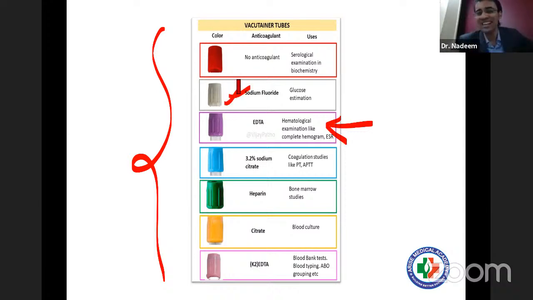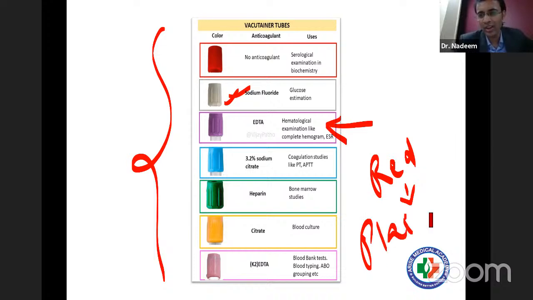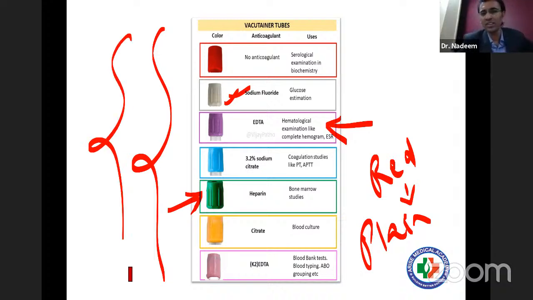Red is called a plain tube, meaning no anticoagulant is added, because we have to separate the serum. After collection of blood, we keep it for some time, then the serum will be separated. In the green there will be heparin. Please remember all these points. These are repeatedly asked questions related to your clinical practice.